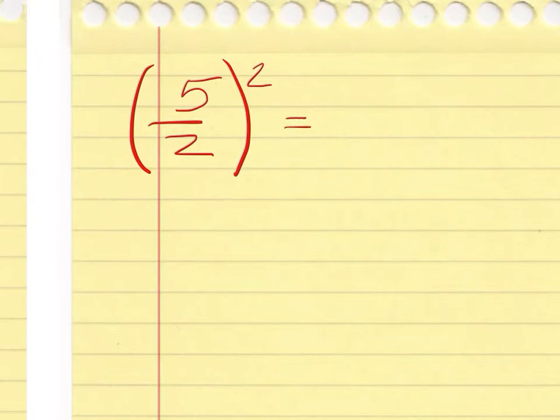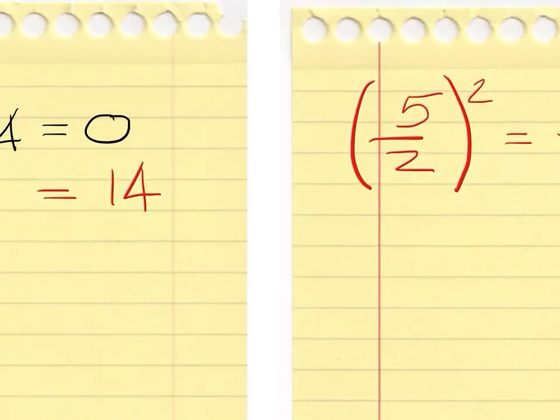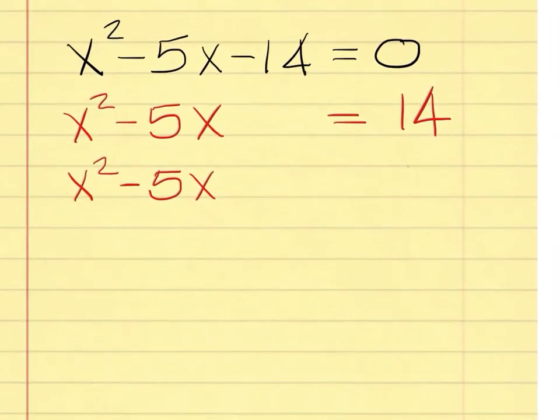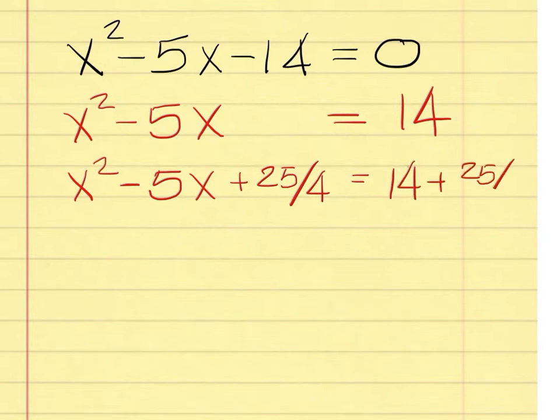When you square a fraction, you square the top and you square the bottom. 5 squared over 2 squared is 25 over 4. So that is what we must add to both sides. So 25 over 4, and on the right-hand side 25 over 4.